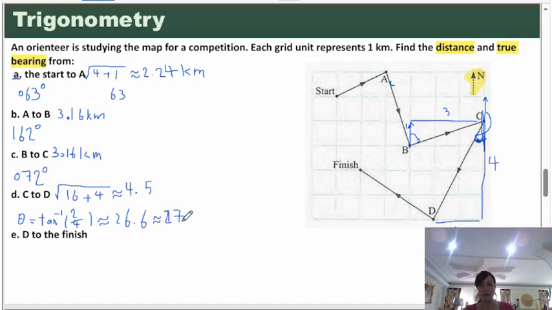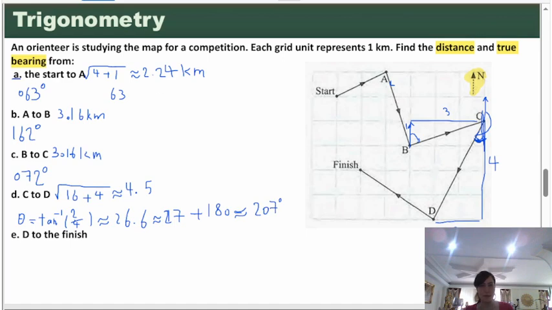If I add it up with 180, it gives me 206.6, so 207 degrees.